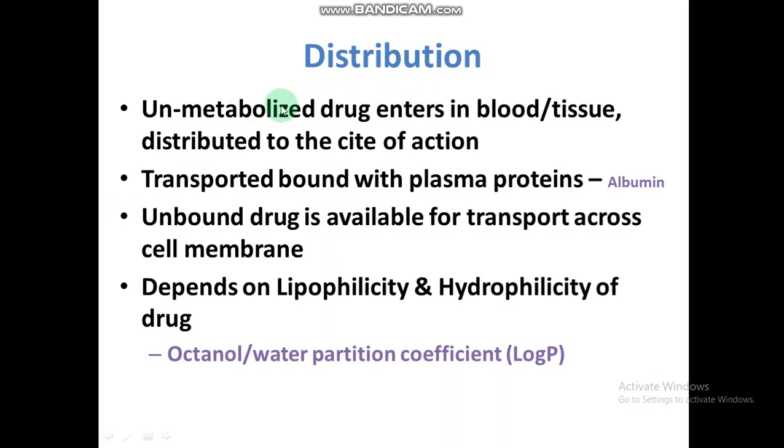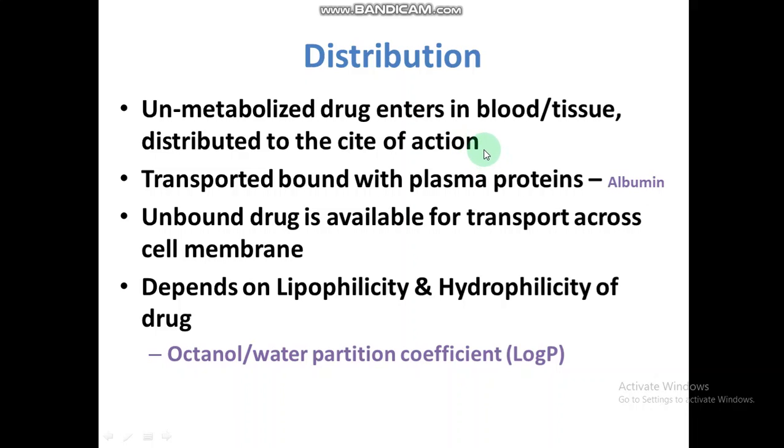Distribution. This is another parameter after absorption. We should analyze how our medicine will be distributed. So unmetabolized drug enters the blood and tissue and is distributed to the site of action.